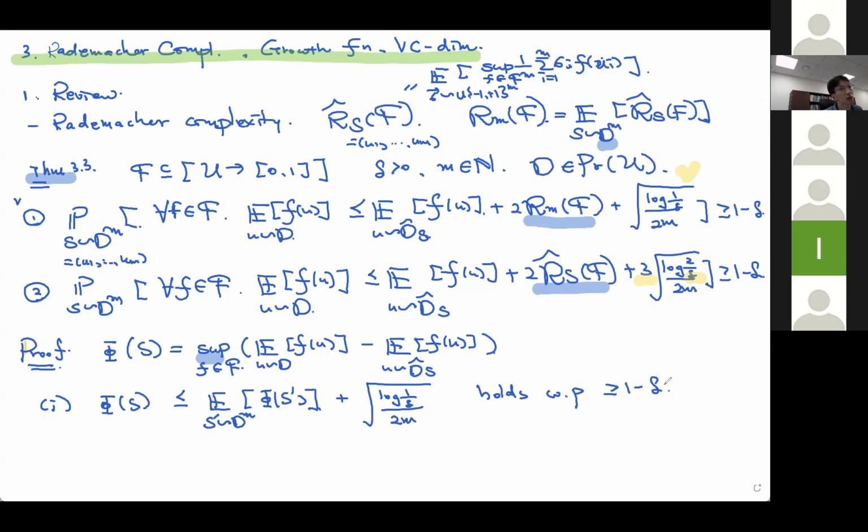As I said, this can be proved by a concentration inequality called McDiarmid inequality. The proof crucially uses the fact that all of our functions are bounded. Based on that information, if all of the functions are bounded, that implies our function phi is also bounded with respect to a single coordinate change.